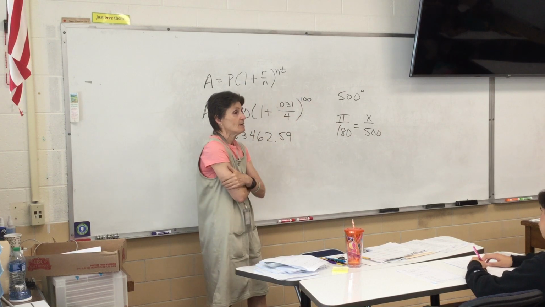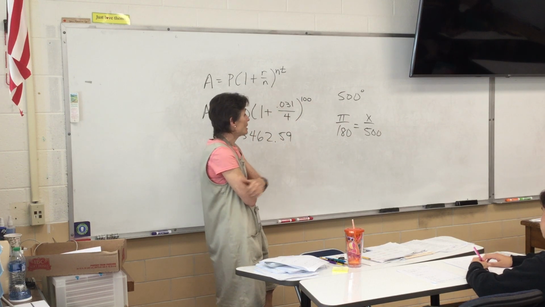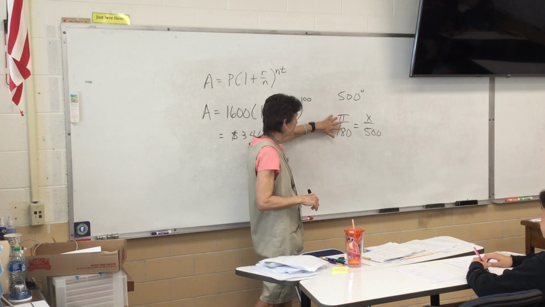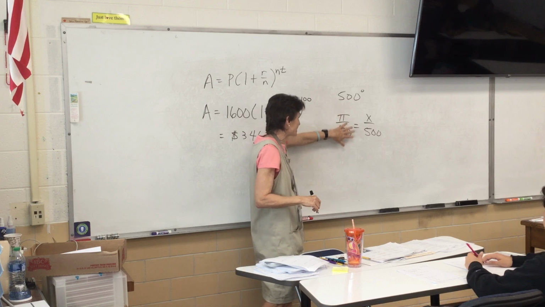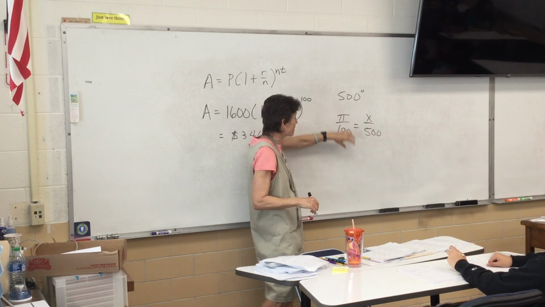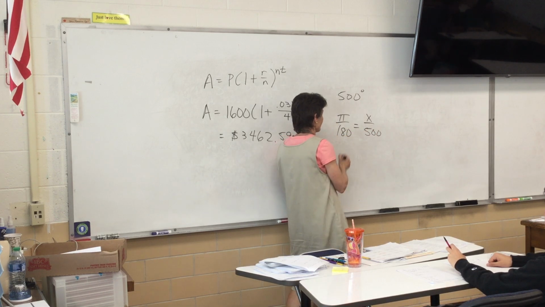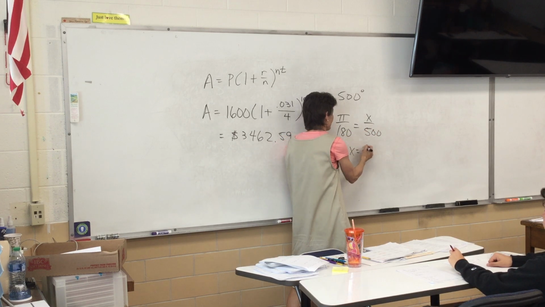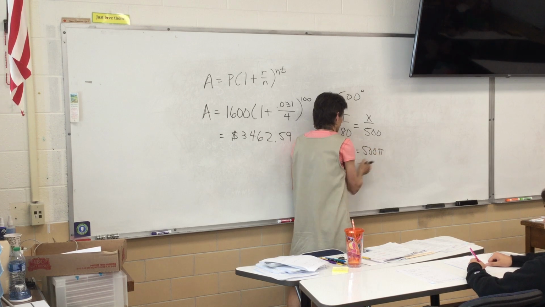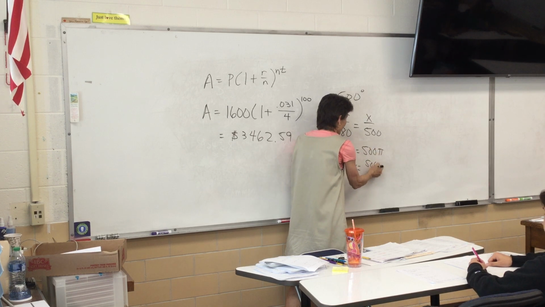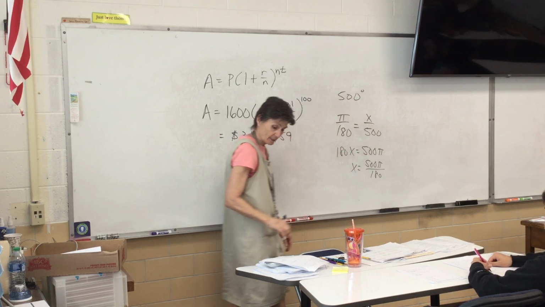Very, very good. So we set up our little proportion. We know that pi radians is 180 degrees. This is like 1. We know those are the same. So we're trying to figure out what's the same as 500. So we cross multiply. And we have 500 pi over 180. This is a no calculator problem.